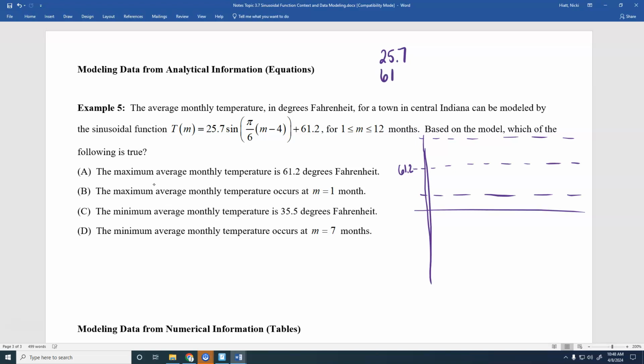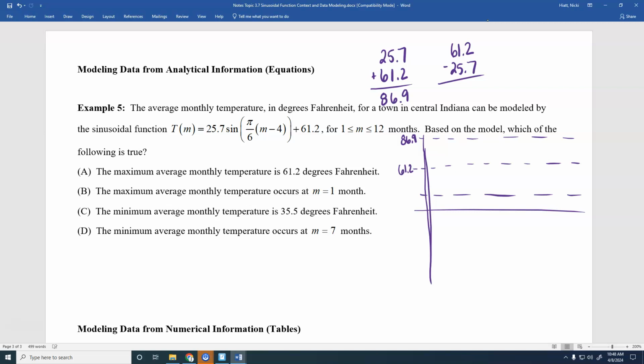25.7 plus 61.2, because our amplitude is how far we go above or below that midline. So if we add these two together, we will get 86.9. And then if we subtract them, 61.2 minus 25.7, that is going to give us our lowest.